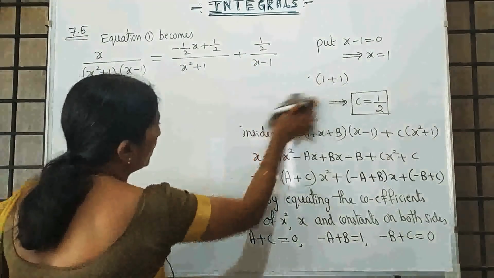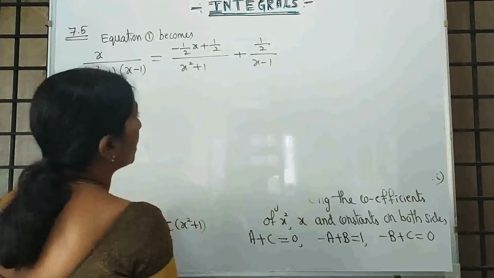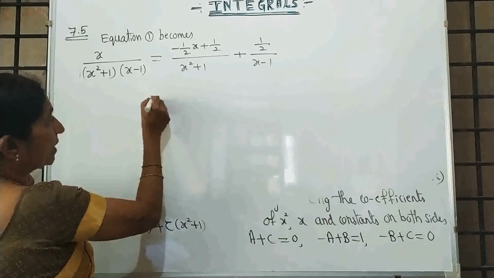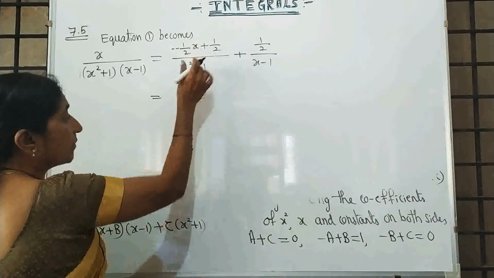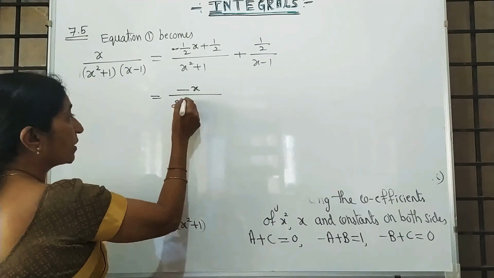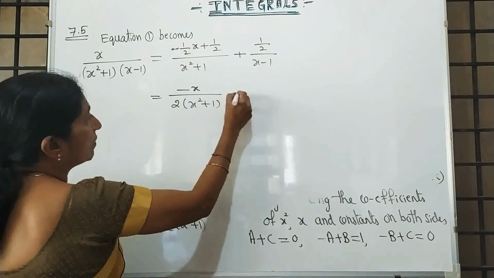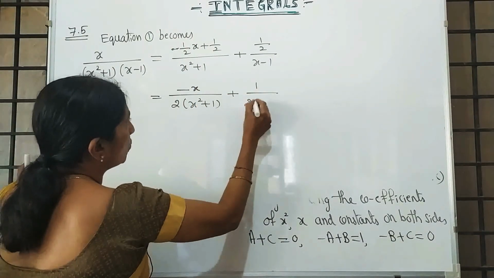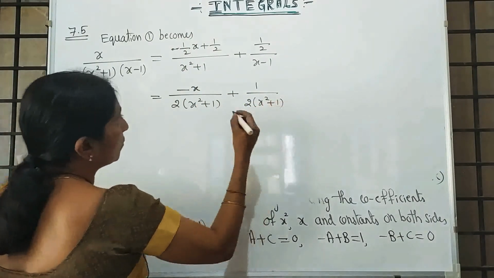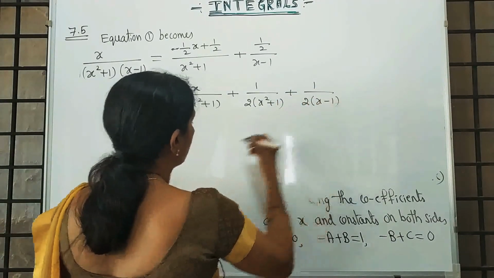In the denominator, if you have a quadratic expression, you know how to split. Before integration, the first expression will be written as first term upon denominator, that is minus x upon 2 in the denominator (x square plus 1). Next, the second term, plus 1 by 2 into (x square plus 1), plus 1 by 2 into (x minus 1).